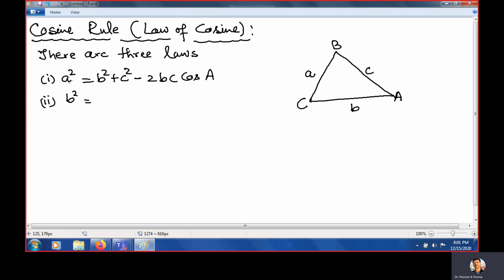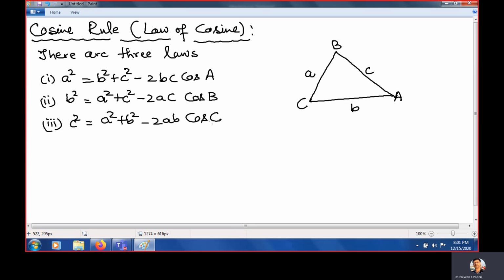B square is equal to the other two sides, A and C: A square plus C square minus 2AC cos of angle B. Now the third one is C square. The other two sides are A and B, so A square plus B square minus twice of AB cos of angle C. These are the three cosine rules.